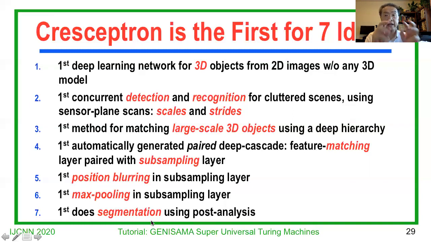We actually got to the pixel level. Later work only used rectangles, so it did not do as well as Cresceptron in 1991, but still did not cite Cresceptron. Maybe they didn't do as many original things as Cresceptron. They chose not to cite it.